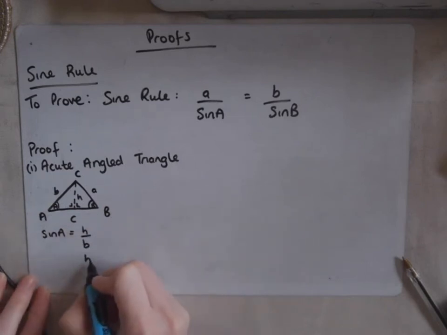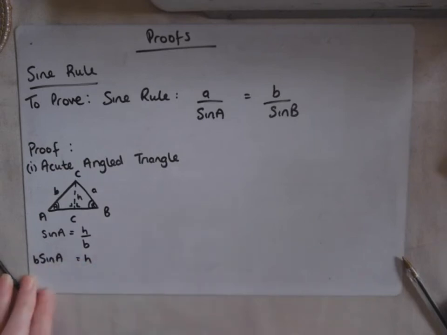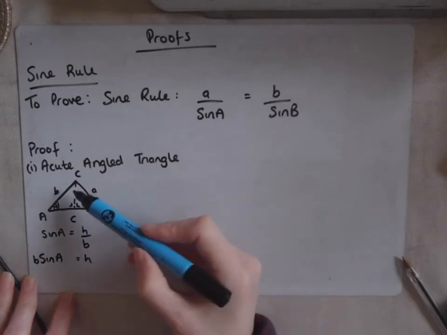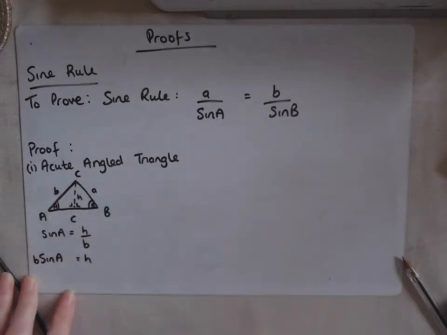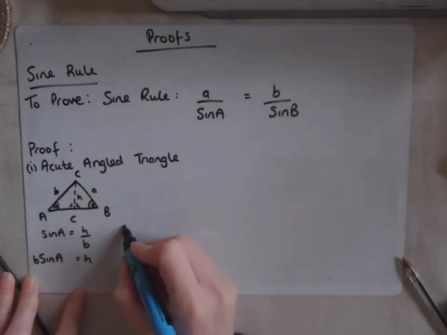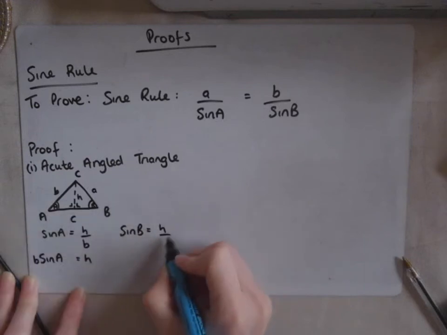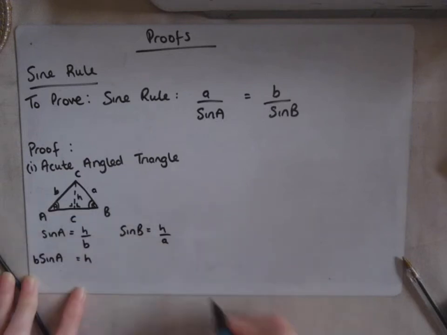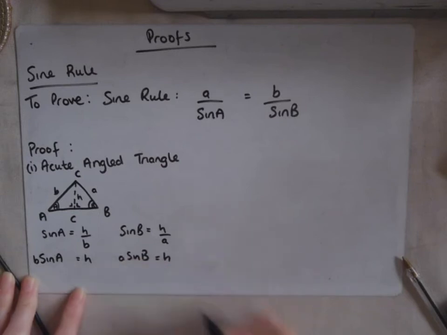Get h on its own, that's b sine A. You're going to do the same thing with the right hand side of that triangle. Sine of B is opposite over hypotenuse, and get h on its own: a sine B.